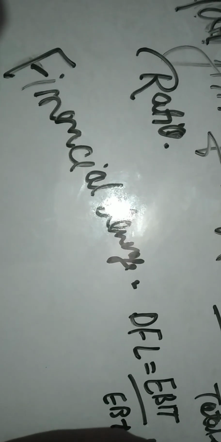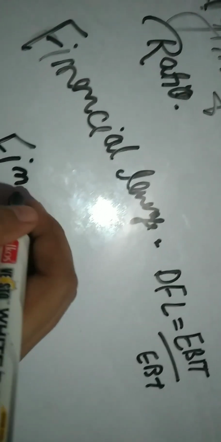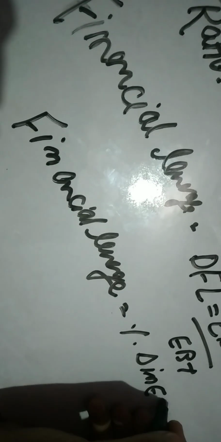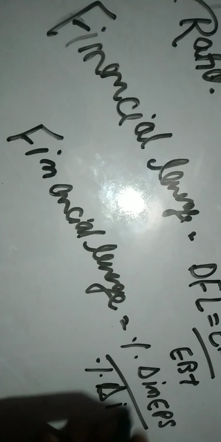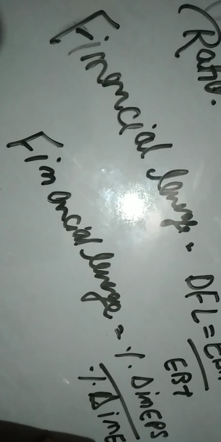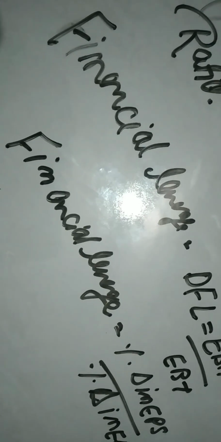Financial leverage can also be written as percentage change in earnings per share divided by percentage change in earnings before interest and tax. So this is financial leverage.